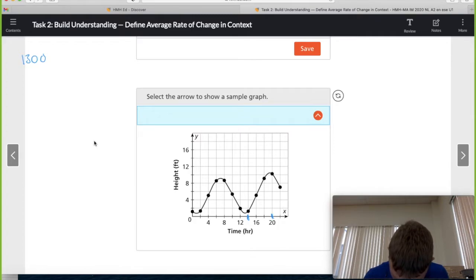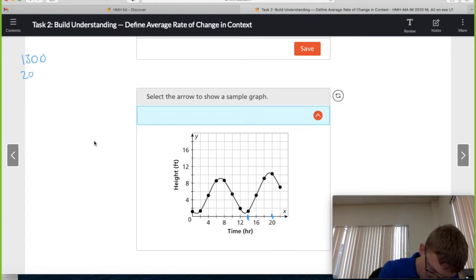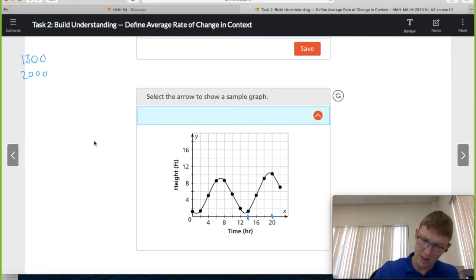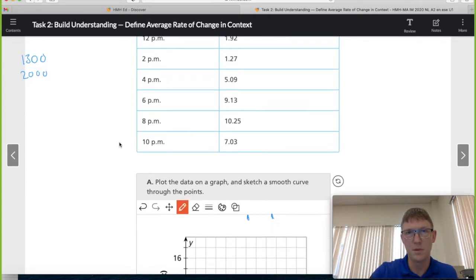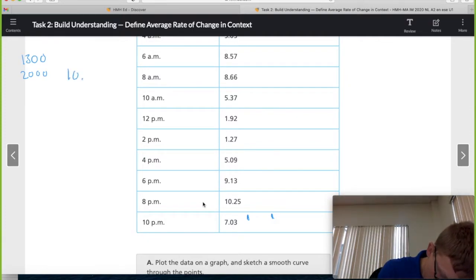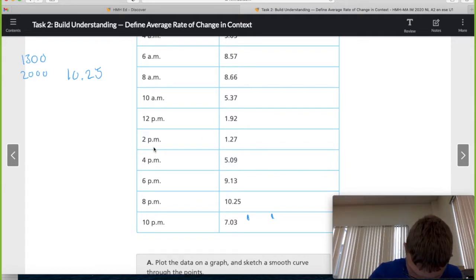And then this one's going to be at 2000, which is like 8 o'clock p.m. So 8 p.m. is going to be 10.25, and then 1 p.m., let's use the 2 p.m. one since we have that exact value. So we're going to change that to 1400. We're going to say 1.27, and we're going to do the same thing.